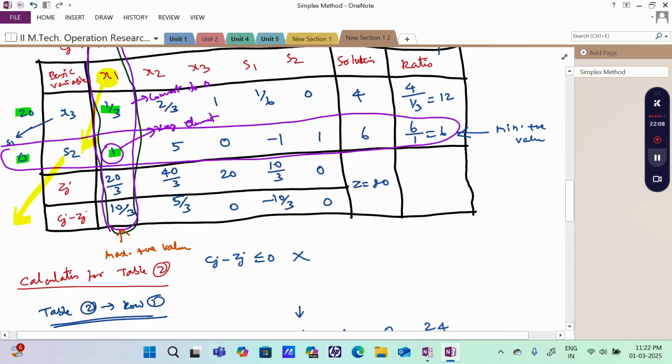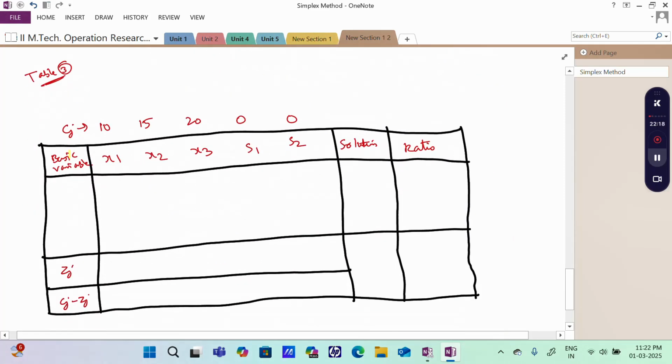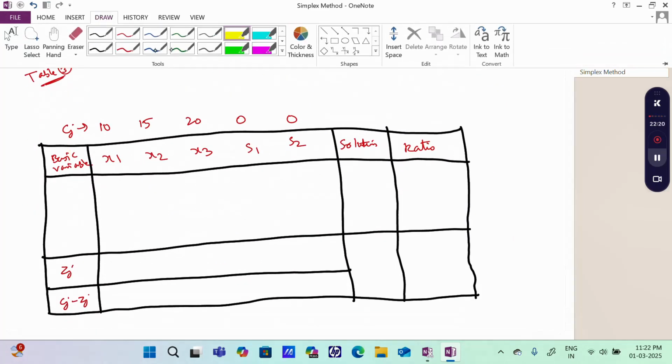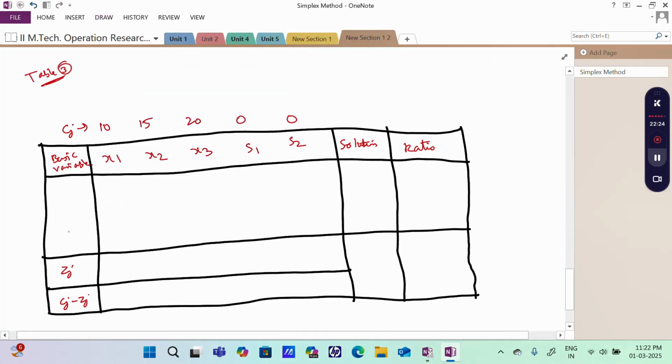Therefore, for the second row, what is the value? x1 entering, x1 value 10, S2 leaving.